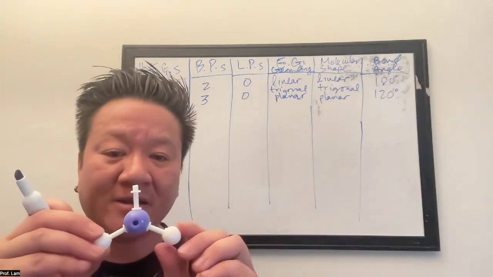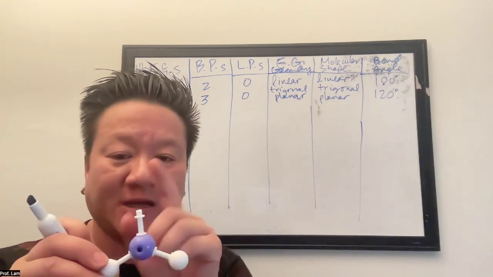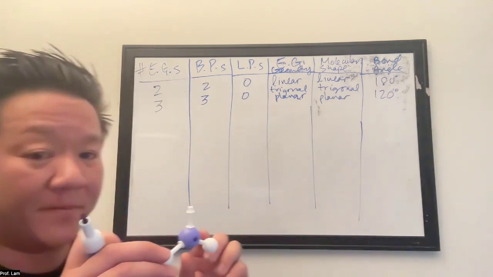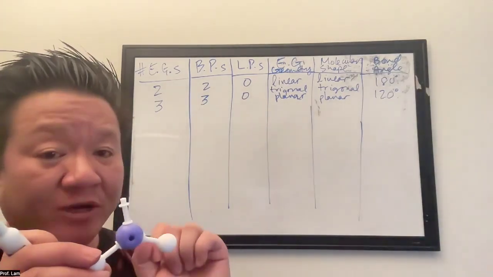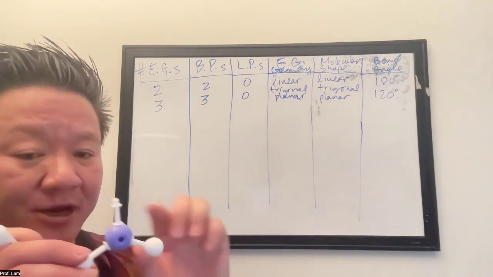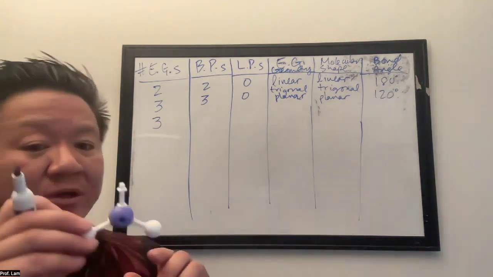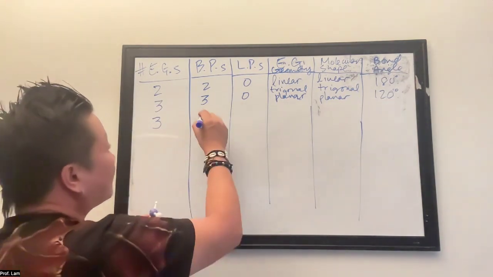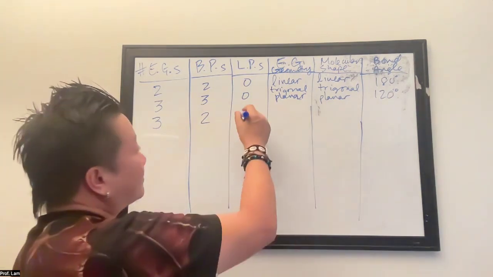That's my lone pair now, right? It doesn't have an atom. It's just 2 electrons. Okay. It's not attached to an atom. Okay. So we still have what? 3 electron groups. 1, 2, 3. So we have 3 electron groups. But now we only have 2 bonds, right? 2 bonding pairs. And 1 is a lone pair.